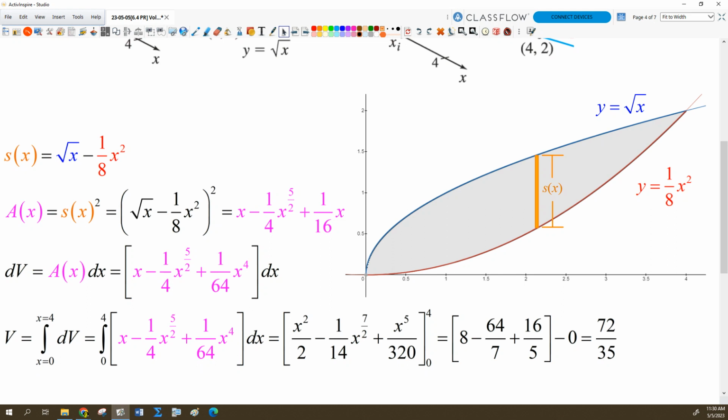The portion of the vertical slice that's inside our base, we need to know the length of that slice because the area of the cross section is going to be related to the length of that slice, right?